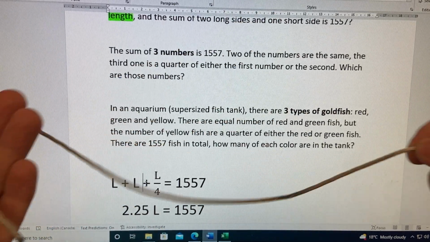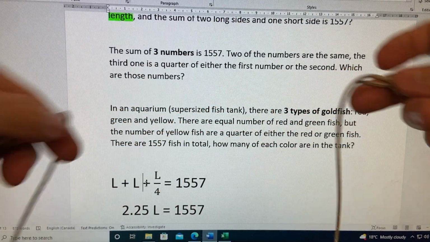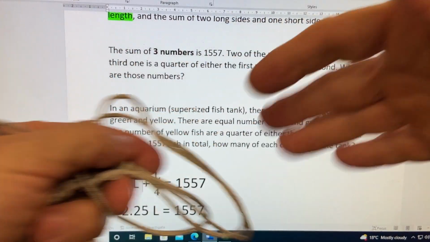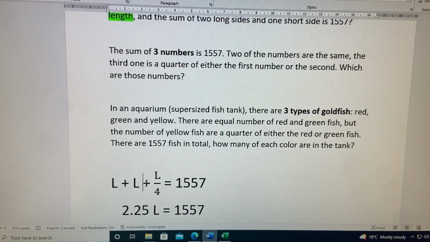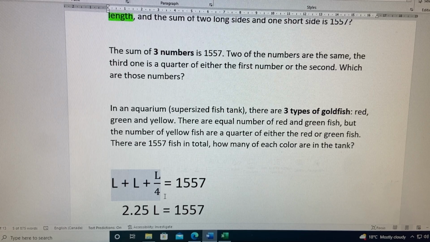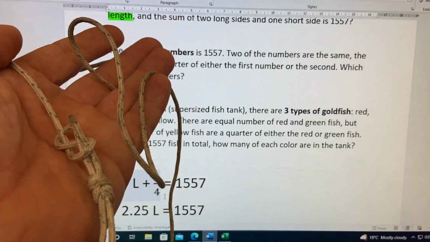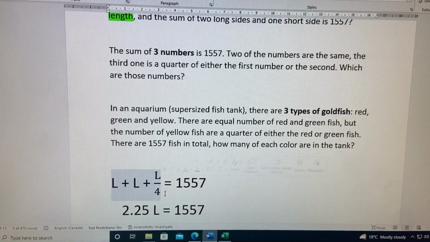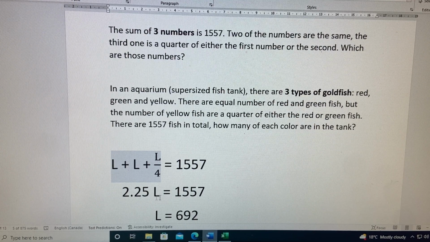It's easy to see that you can combine like terms into one continuous fixed length equaling 1557. So it is possible to combine these like terms. Algebra rules come from common sense and life. So after dividing both sides of the equation by 2.25, you get the length equaling that number.